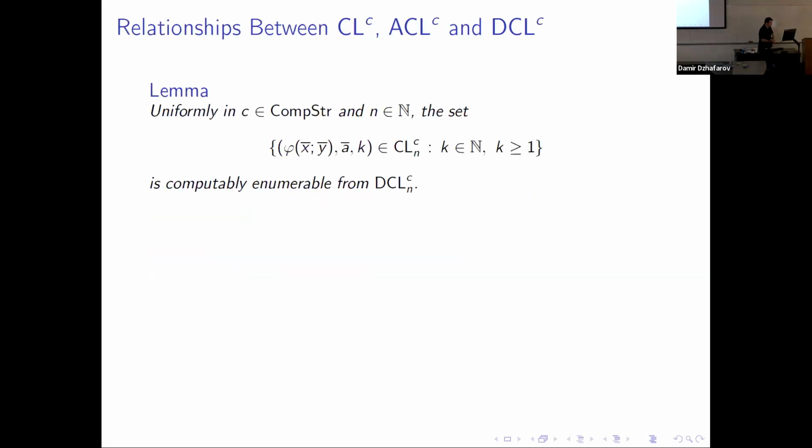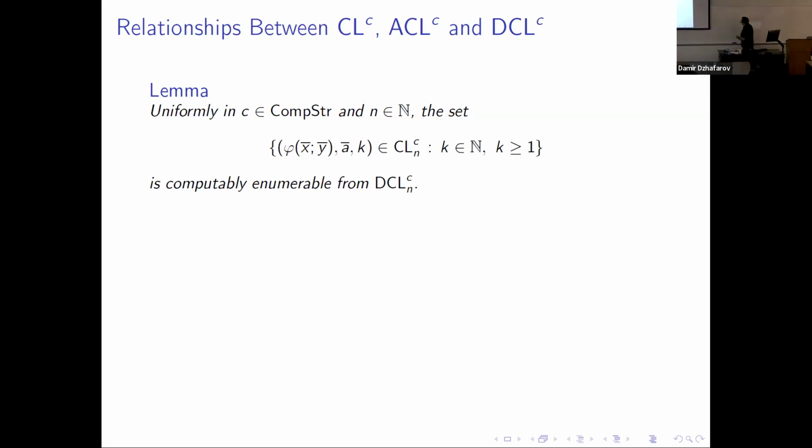Okay, so there are a couple of easy examples of relationships between these different pieces. The first is that if I'm looking at all of these tuples where all I know is that the final coordinate is some integer, so it's not infinite and it's not 0, I can computably enumerate this from just knowing the definable closure. The way you do this is roughly the following.